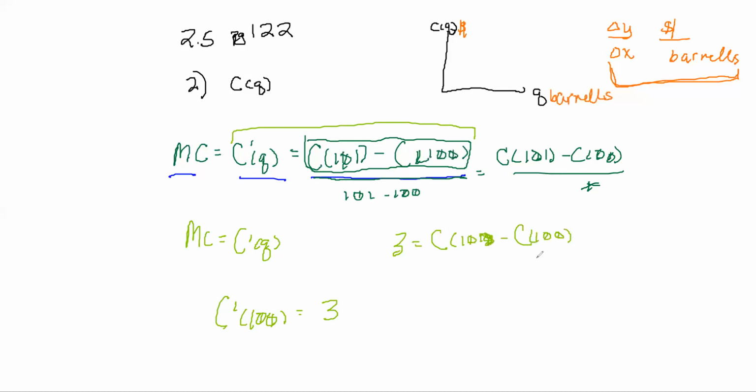If we know the cost of 100 barrels, let's just treat that as a constant. So the cost of 101 barrels is whatever the cost of 100 is, I don't care what that is, it's just some number, plus 3. So it's $3 more to have 101 barrels instead of 100. Is everybody cool with how we approached that problem?